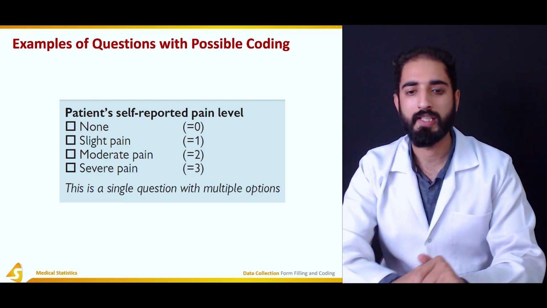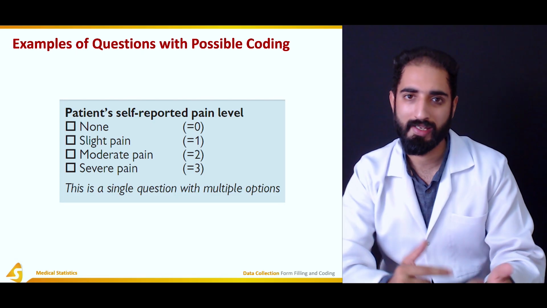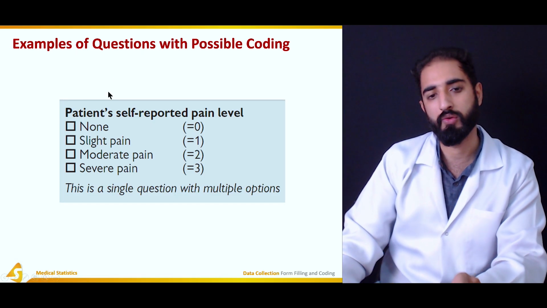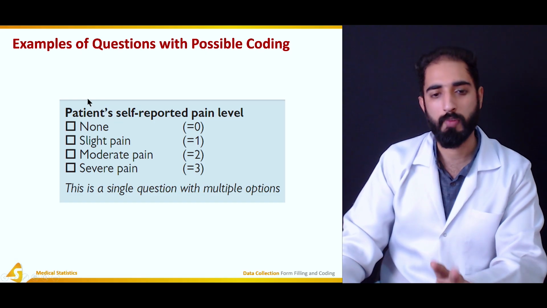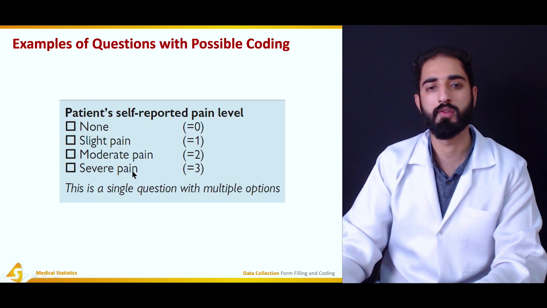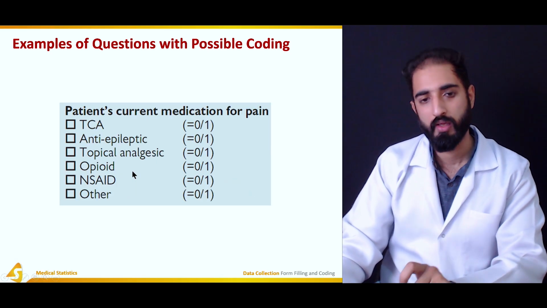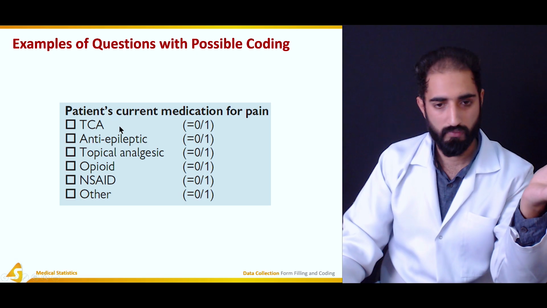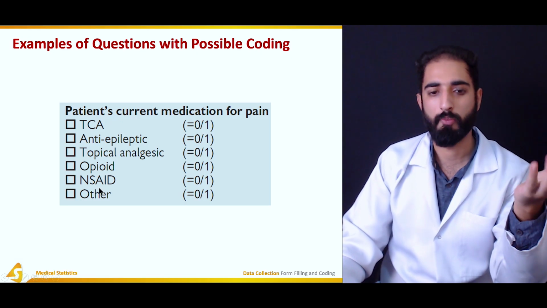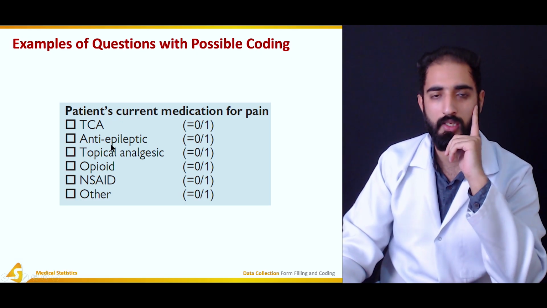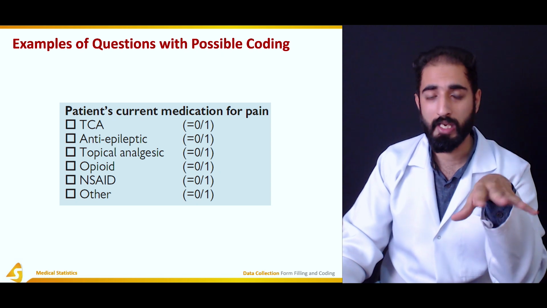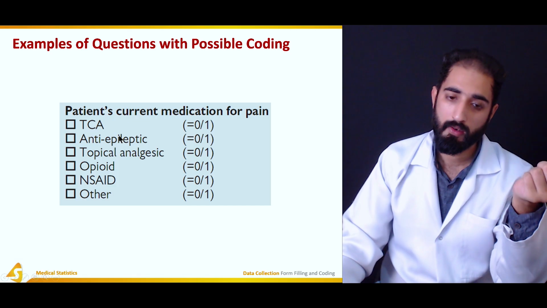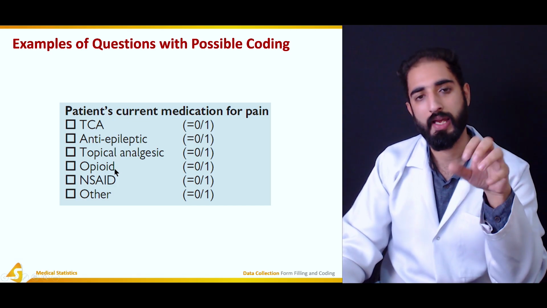Now the patient's self-reported pain level. It is ordinal and there is a negative entry present. So I give 0 to the negative entry, which is none, slight pain 1, moderate pain 2, severe pain 3. Now this is ordinal as well. Next, the patient's current medication for pain. We have, for example, NSAIDs, opioids, topical analgesic, and anti-epileptic, but it is possible that an individual would be taking a topical analgesic as well as an NSAID.